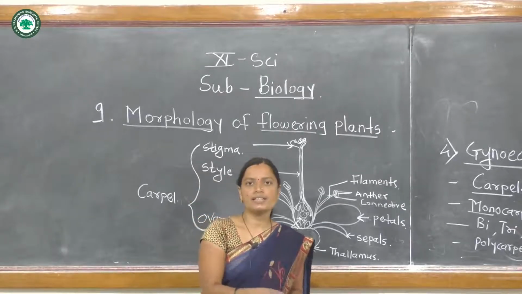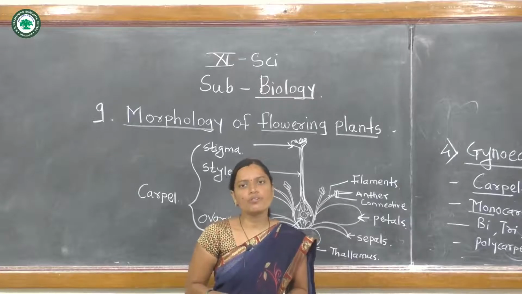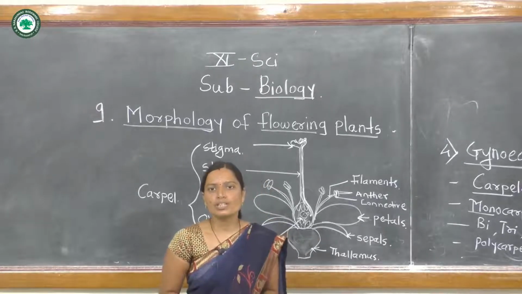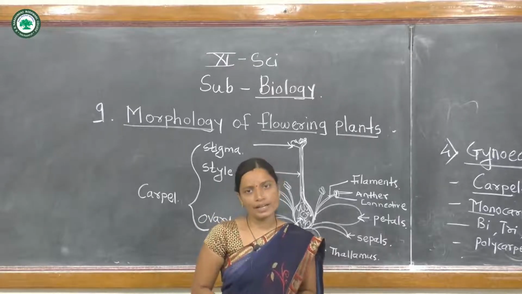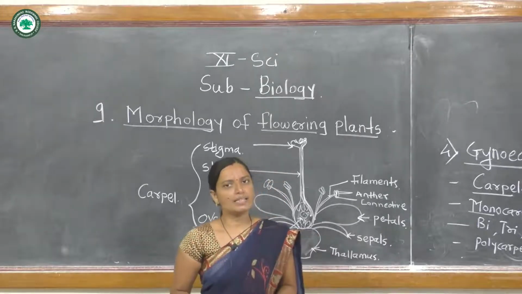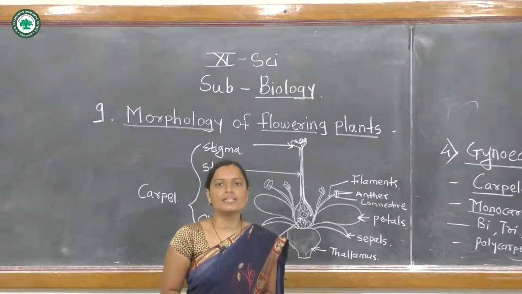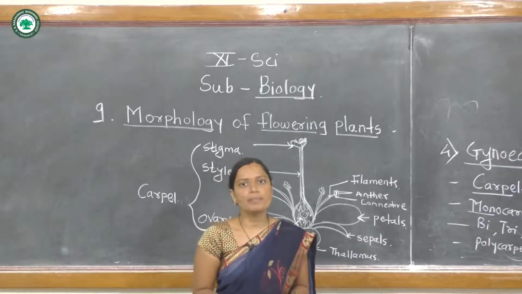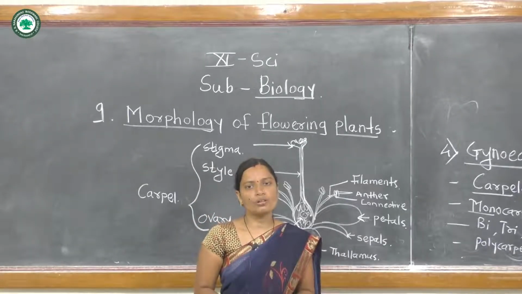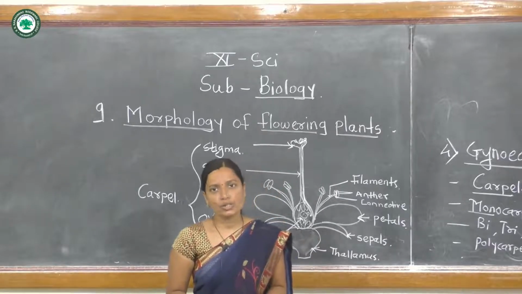The calyx, individually called the sepal, has the important functions of protection as well as photosynthesis. In some flowers it is attractive and colorful, which is important for pollination, attracting insects toward the flower. The next part is the corolla, individually called the petal, and the petal is most important for attracting insects toward the flower.